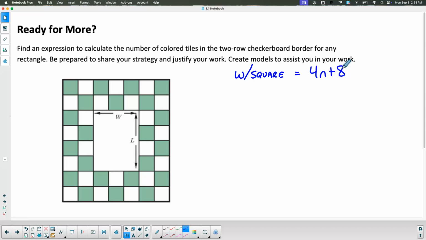All right. So your method was, how wide is this big square? It's W plus 4. How tall is this rectangle?